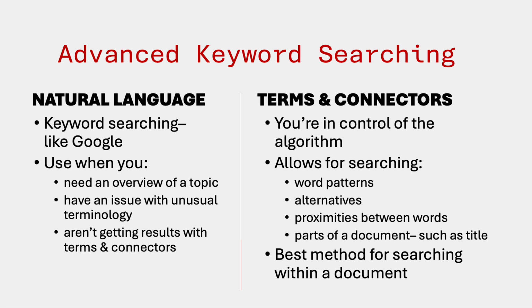Or maybe you have done some terms and connectors searches and you're getting too few results because terms and connectors is just too narrow. So you move to a natural language search, which is going to be broader and yield more results than a terms and connectors search would.